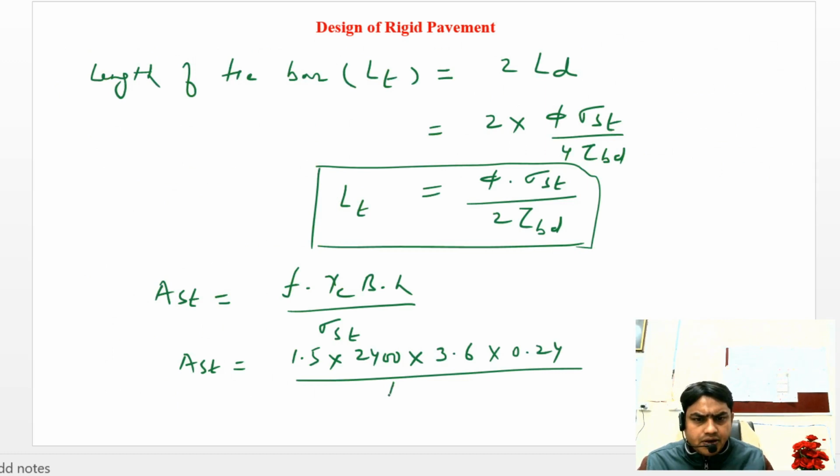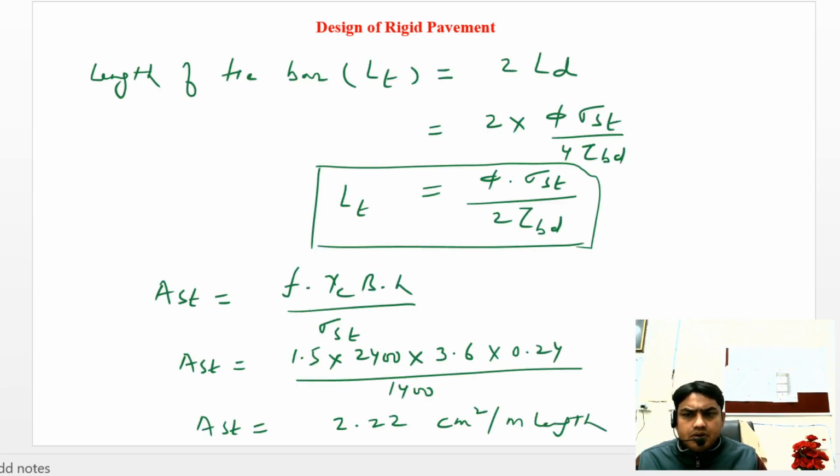So area of steel is 1.5 into 2400 into 3.6 into 0.24 divided by 1400. So it is coming 2.22 centimeter square per meter length.